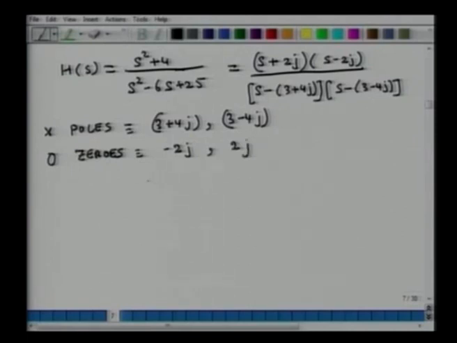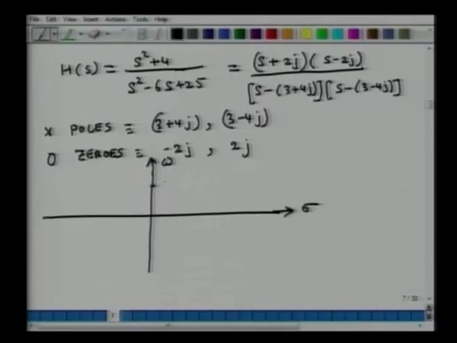So if I have to plot them on a complex plane, that's my real component, this is my imaginary component. So my zeros are located along the imaginary axis, plus and minus 2j. My poles are located in the complex plane, as I am going to just plot just now.